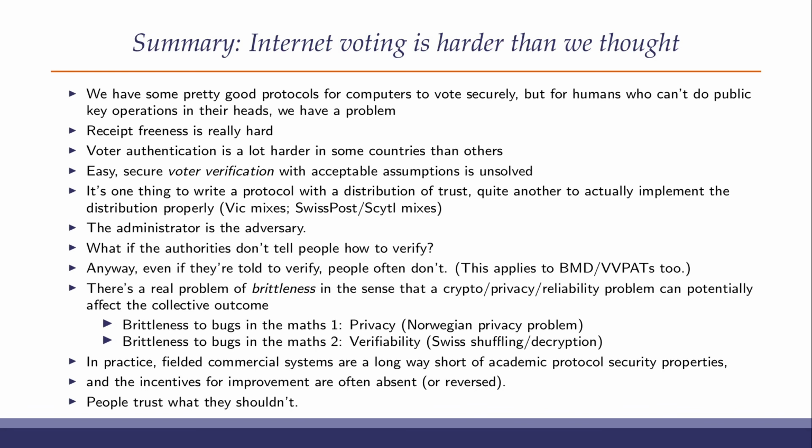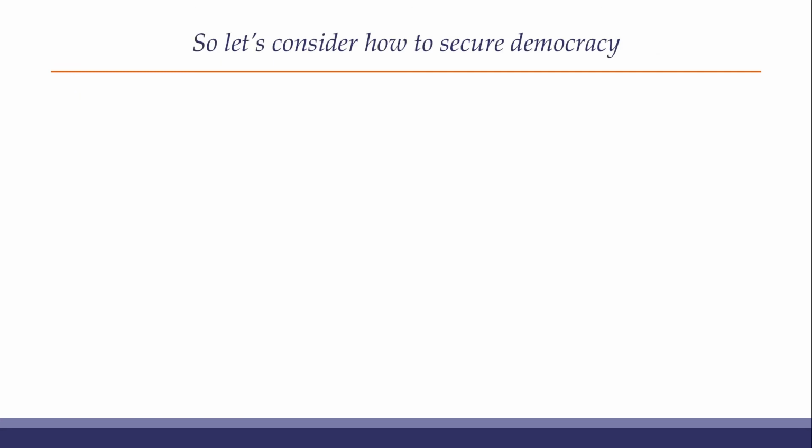And sadly, I don't see countries like Australia or the United States moving in a positive direction in terms of better understanding. So I think that what we should be doing is looking, not trying to answer the question, how can we make internet voting more secure, but trying to answer the question, how can we make democracy more secure?